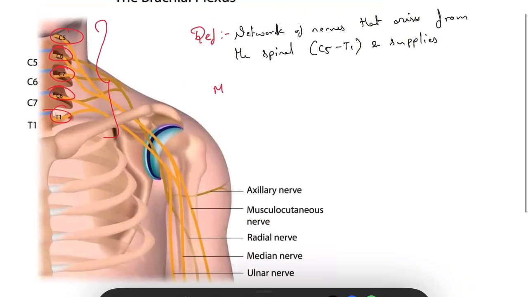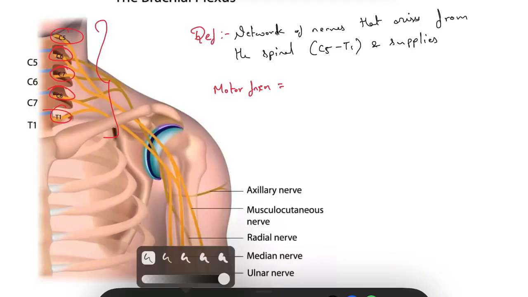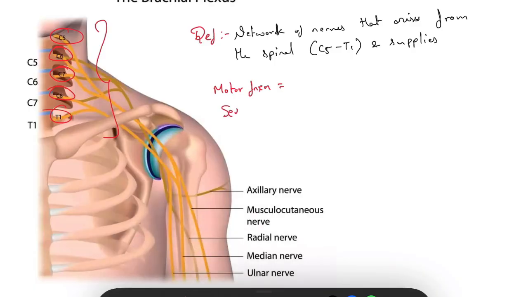First, motor innervation, and sensory innervation, for the muscles of the shoulder, arm, forearm and hand.